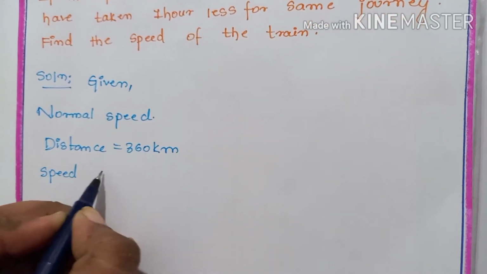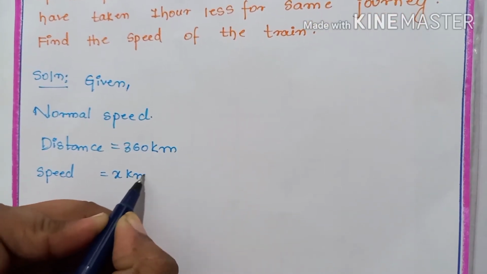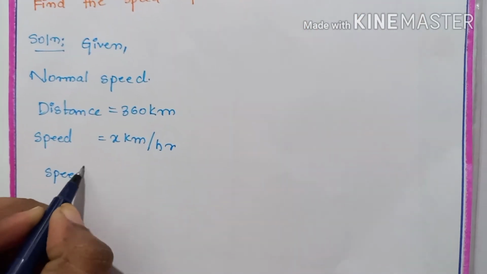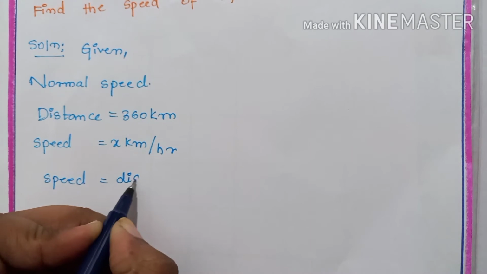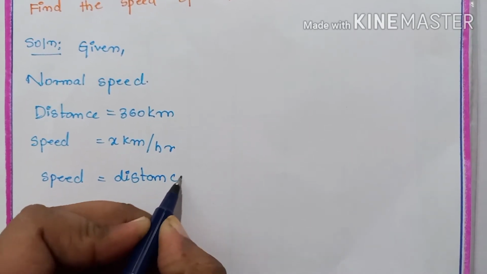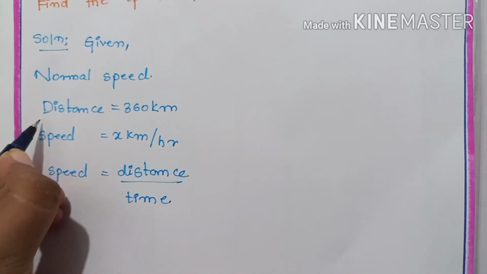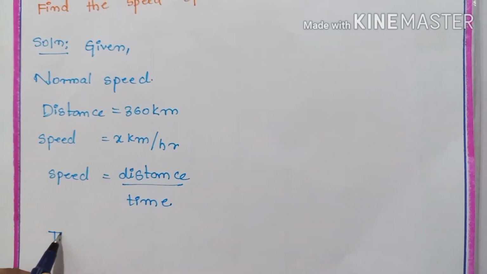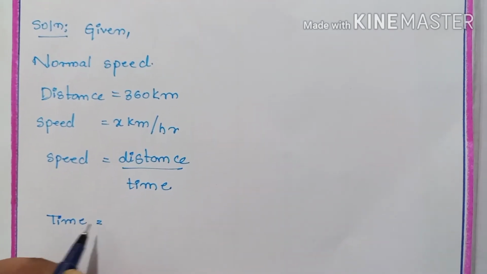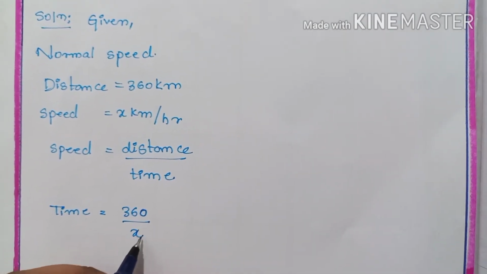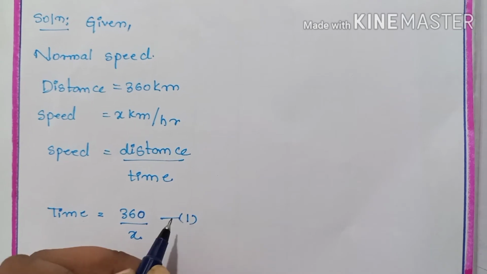Speed, we'll assume it as x kilometers per hour, and from the formula, speed is equal to distance by time. We know the speed and distance, now we need to find the time. Time is equal to distance by speed, distance is 360 and speed is x. Let us call it equation number 1.